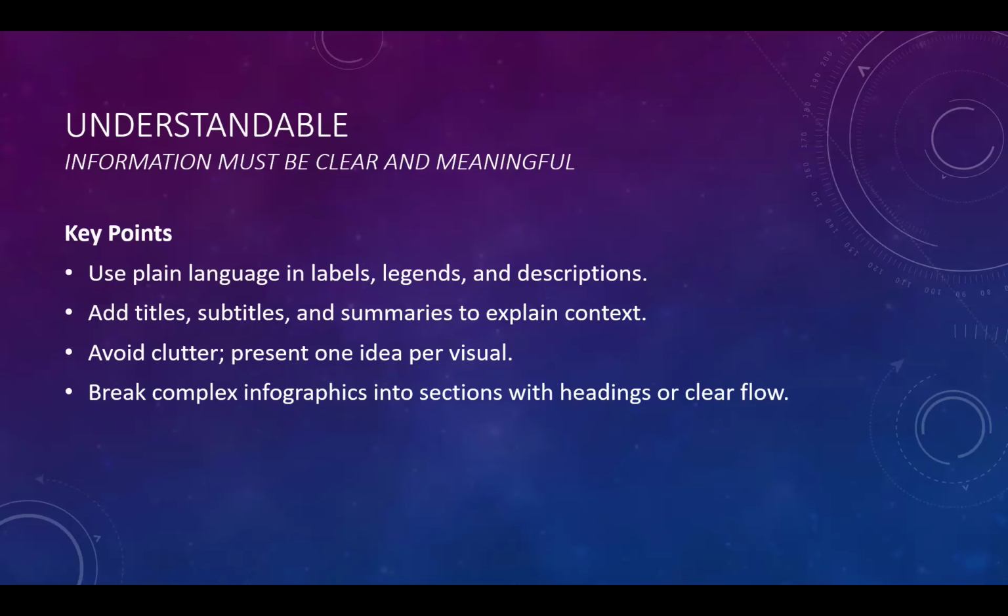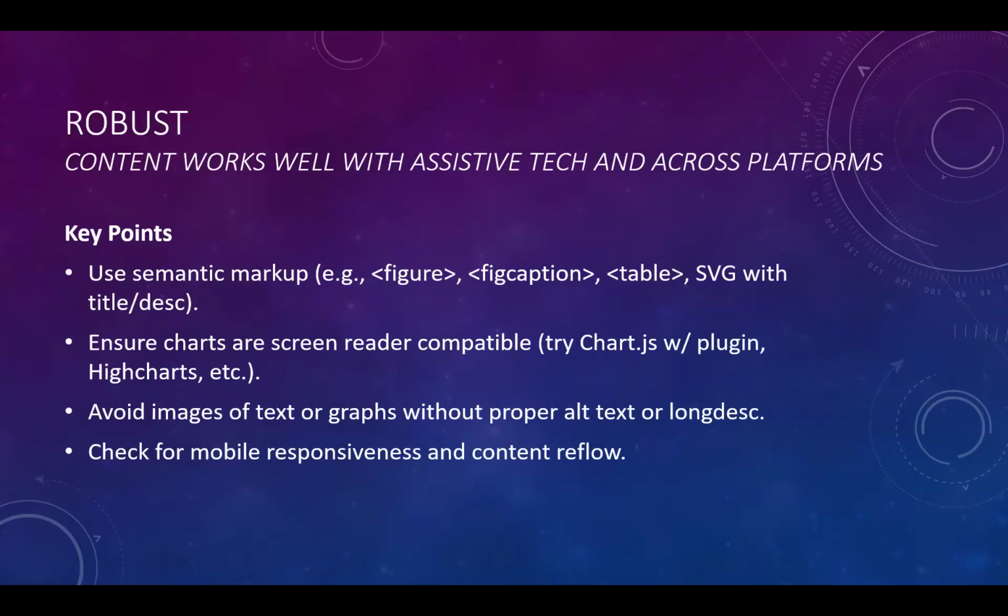Okay, so we're down to our last principle, which is robust, which means that users must be able to access the content as technologies advance. As technologies and user agents evolve, the content should remain accessible at all times.